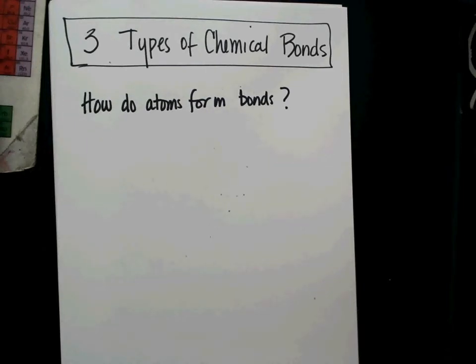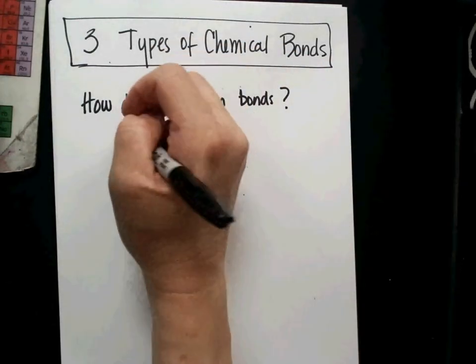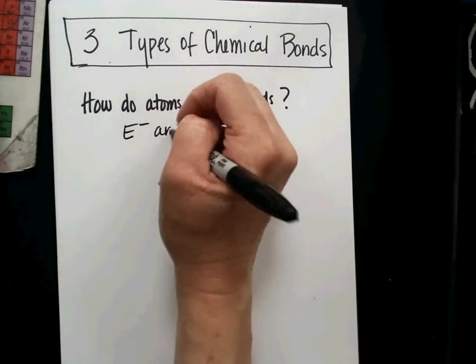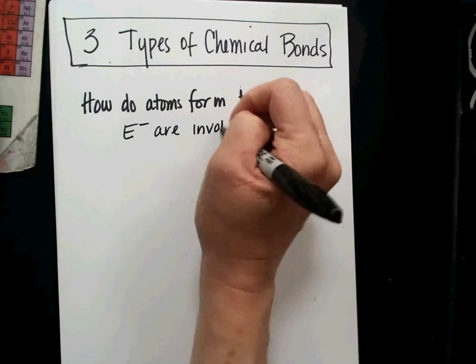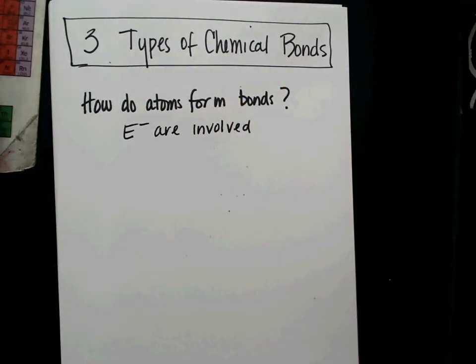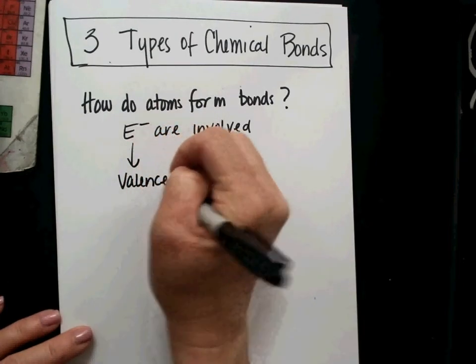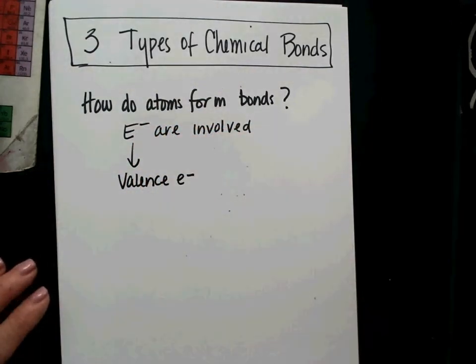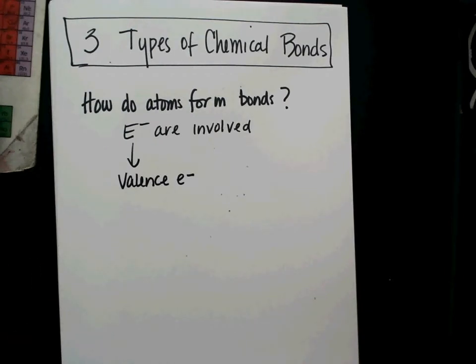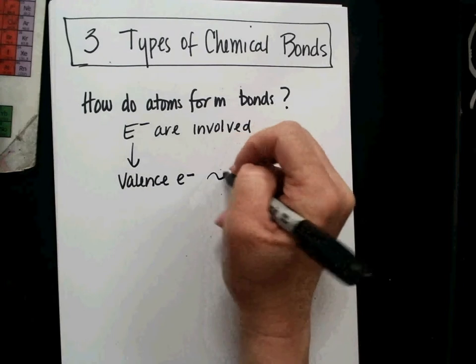Losing or gaining electrons. So whenever there's a chemical bond, we know that the electrons are involved. What electrons are involved? Where would I find the electrons that are involved in a chemical bond? Yeah, these are the valence electrons. And what do atoms do with valence electrons when they form bonds? They have 3 choices. Share them. Yep.